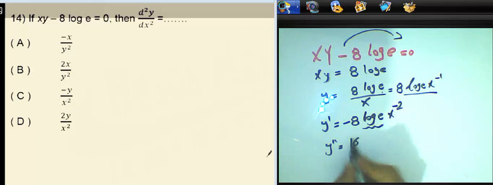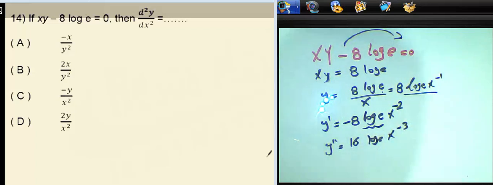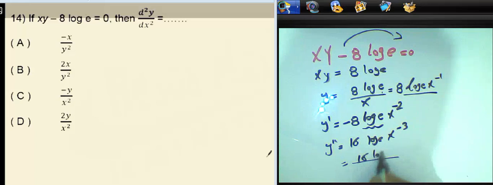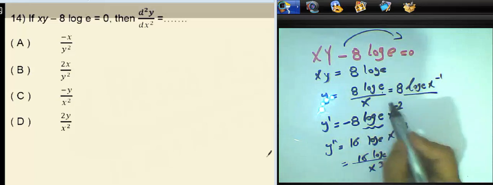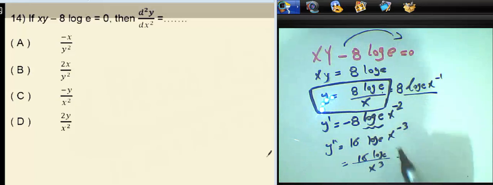It will be 16 logarithm e multiplication x power negative 3, and you can simplify it. Right here, 16 logarithm e divided by x power 3. Look at here. We know y equal 8 multiplication logarithm e over x. We can simplify this result here, right?